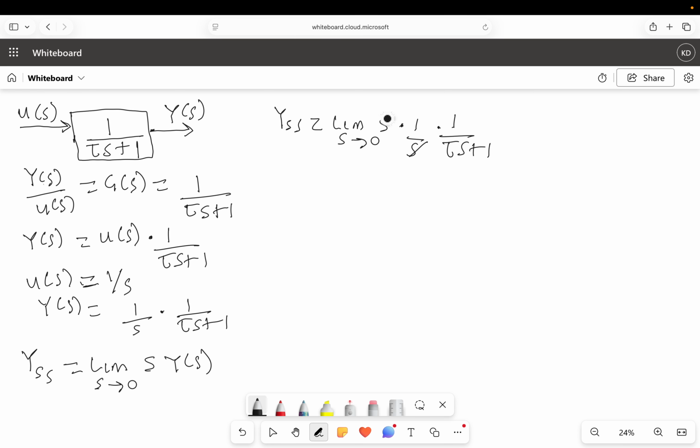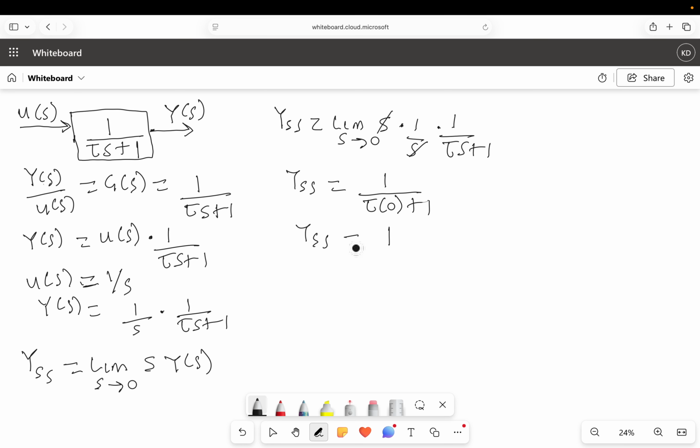So s will just cancel s, and substituting the limit, my y_ss will just be 1 over tau into 0 plus 1. So I know that my steady state value is just 1.